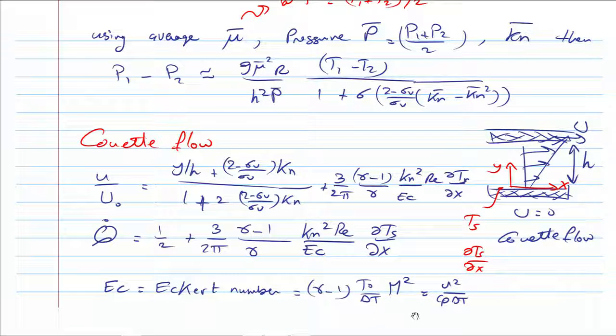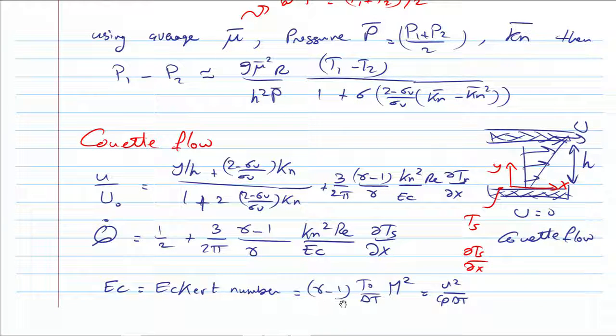And if you boil down the number, the Mach number is what? U over the acoustic speed, square root of gamma RT. Since it's M squared, it becomes U squared over gamma RT. So the T cancels with the T, you get delta T, and gamma R over gamma minus 1.